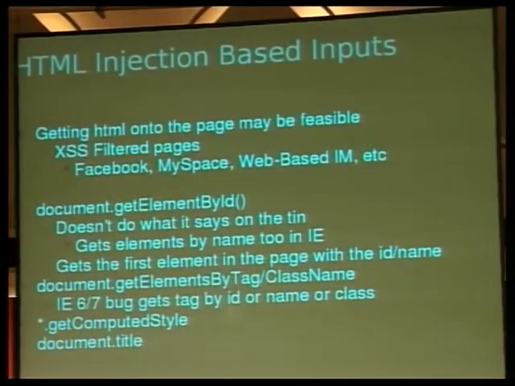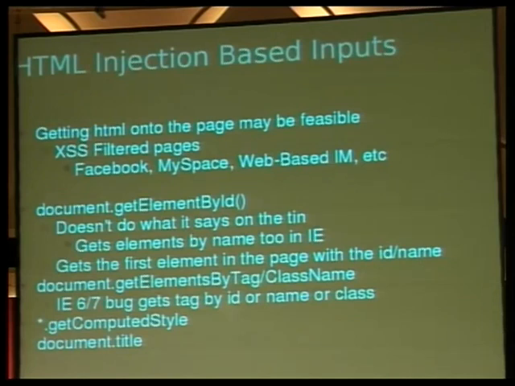And there's a lot of undefined behavior. Mostly, since this is meant to return only a single object, if there's more than one object with the same ID, browsers have to make some kind of decision on what they're going to return. Some browsers return a whole array of objects. Some of them return just the first element with that particular ID or name.